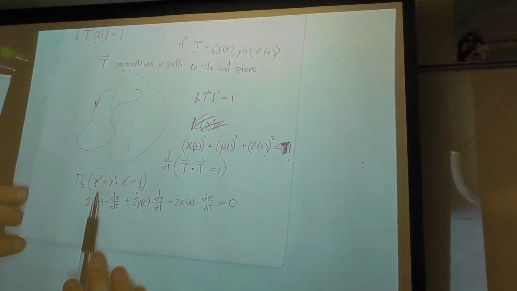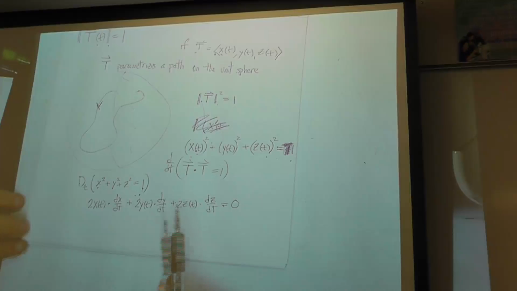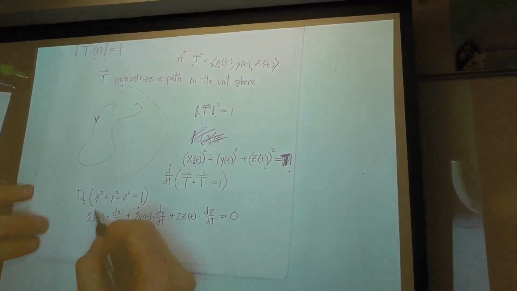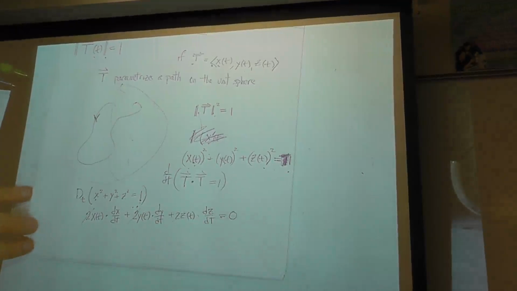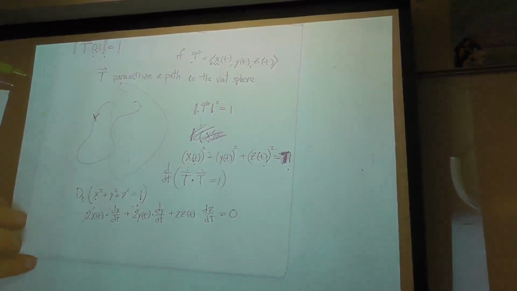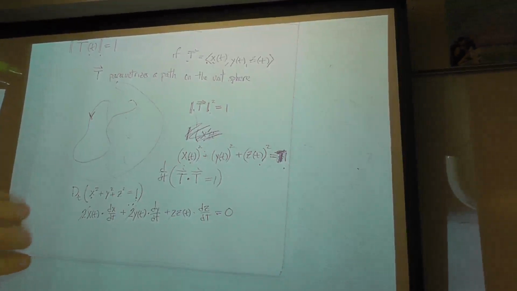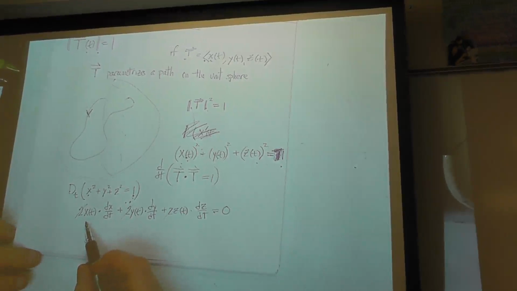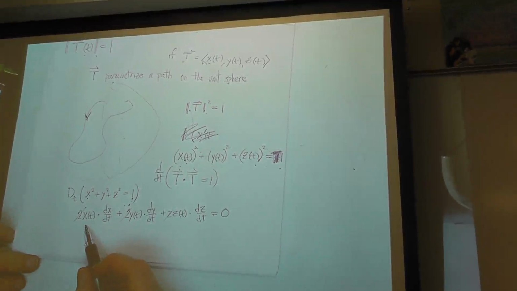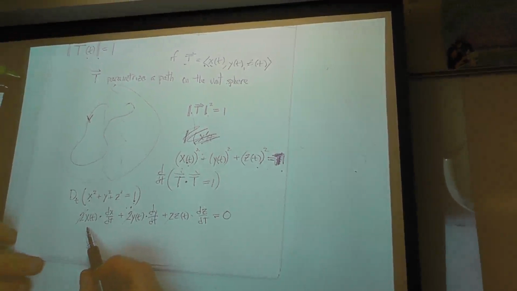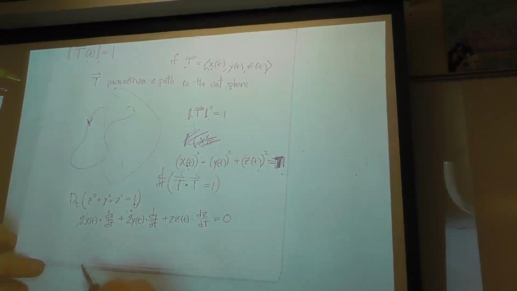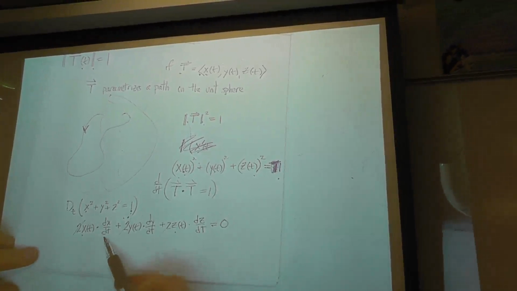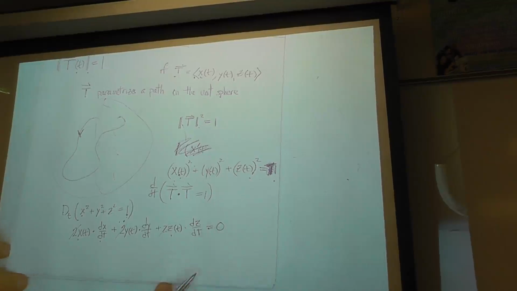So it's an implicit differentiation. Is this okay? This is a dot product as well. I can divide through by 2, so you can ignore the 2's, but what's left is a dot product. This is really the dot product of what with what? T and T prime. T is x, y, z, and T prime is x prime, y prime, z prime.